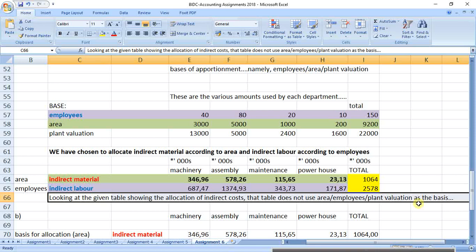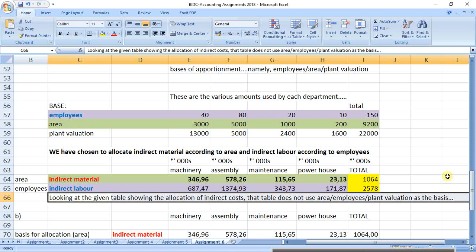Okay, to me, they've said reapportion. So reapportion means redo. Okay, basically take a different basis and then reallocate the costs to the service departments. Over seems wrong. It should have been reapportion the cost of the service departments and the 2 production departments.